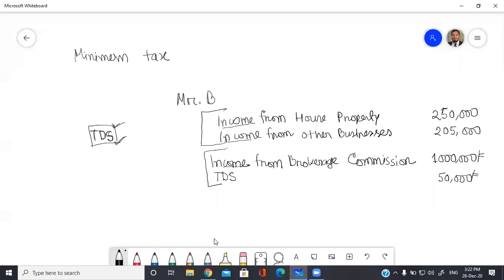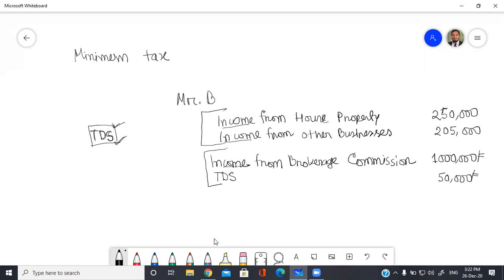Okay, so let me give you another example that is related to house property, but we do not have information right now here about this. Can you recall I mentioned that there is a TDS applicable in income from house property? Was it for residential house property or for commercial house property? So commercial house property. Okay. So that is also the thing here, that from your income from house property there is also the area of charging the minimum tax.